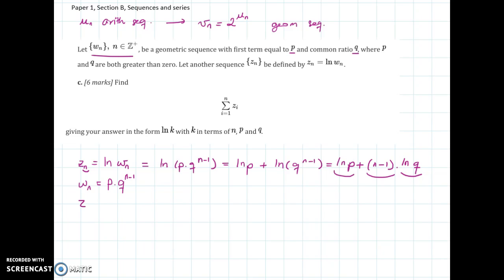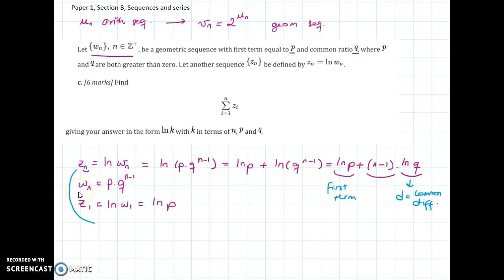Just notice one thing, that Z1 is actually the logarithm of W1, so it's the logarithm of p, so this is the first term, and then we have a common difference d, because on each step what we are doing is multiplying that common difference by n minus 1 and adding the first term.